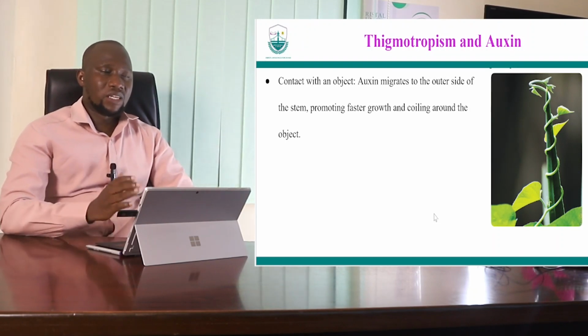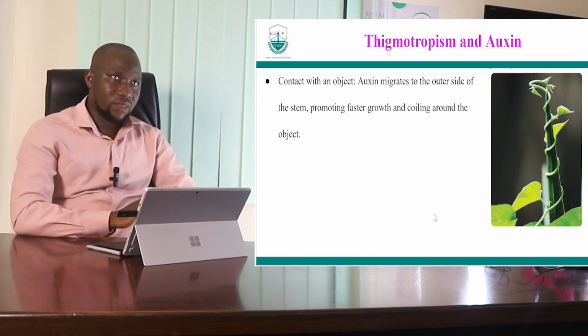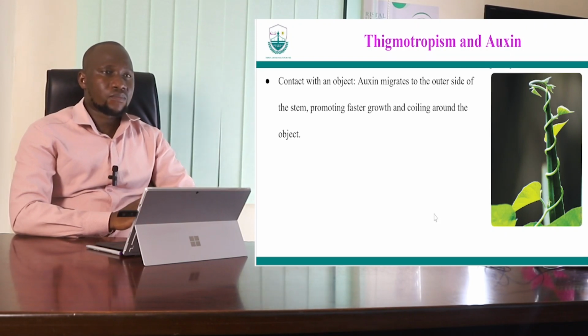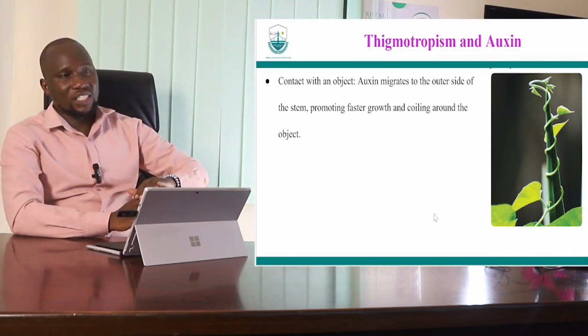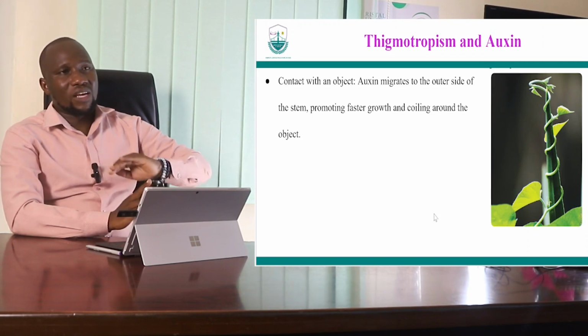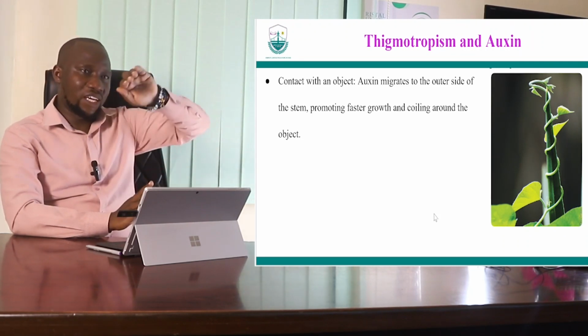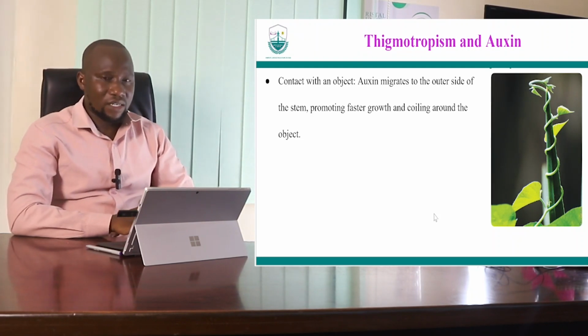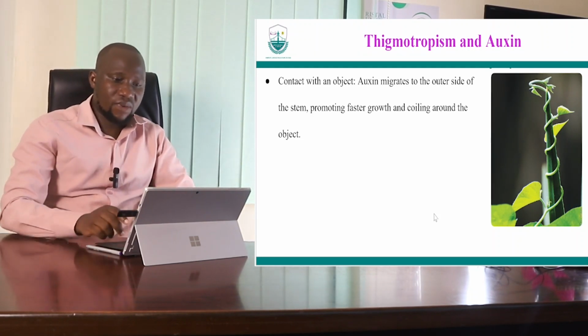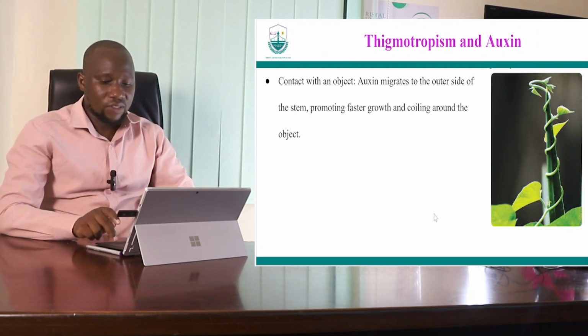Okay, so when the tendrils get in touch with the supporting plant, you will have the auxins more on the side that is not touching. Okay, so that there will be more growth that side and then wrapping the supporting plant around. Okay, that is what happens with thigmotropism.